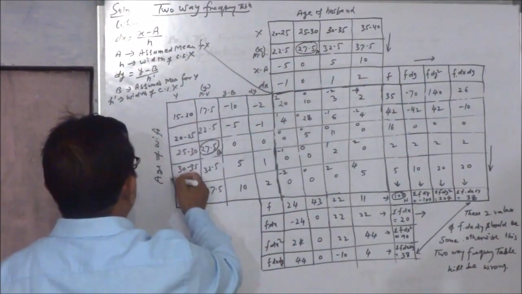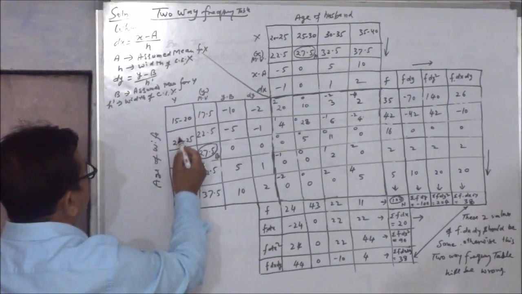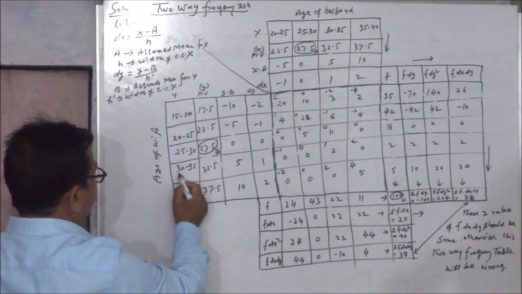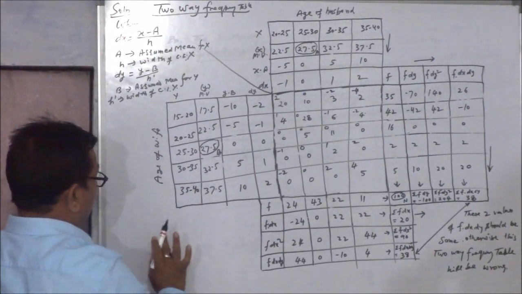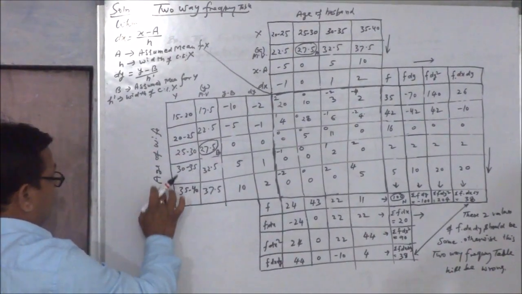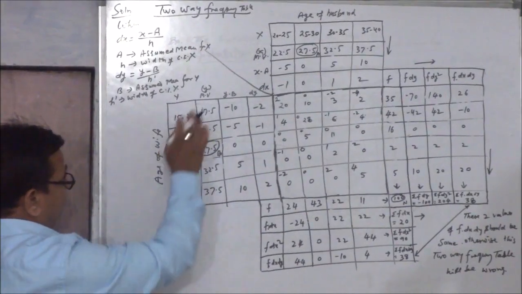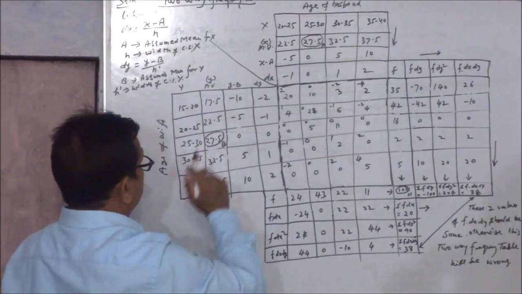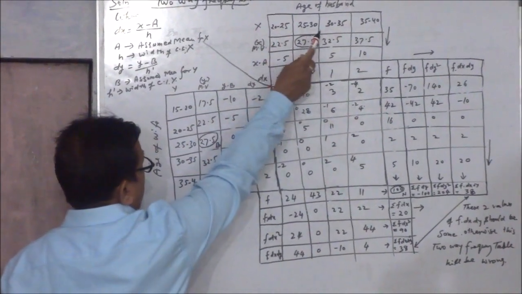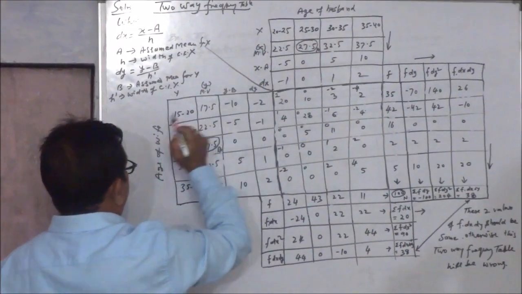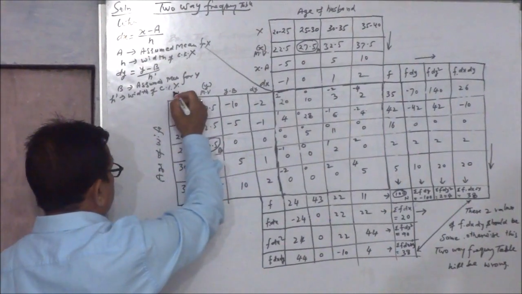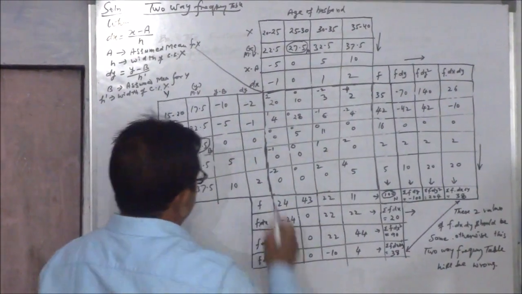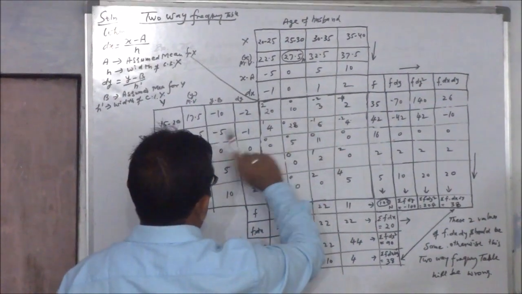And similarly, these are the age of wife: 15 to 20, 20 to 25, 25 to 30, 30 to 35, 35 to 40. These are the class intervals for wife, and that was the class interval for husband. I have taken the class interval of husband as x and the class interval of wife as capital Y. Now we start to form this two-way frequency table.